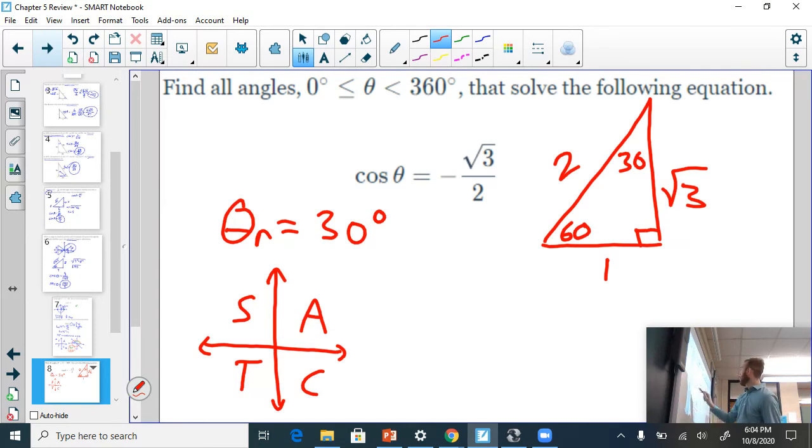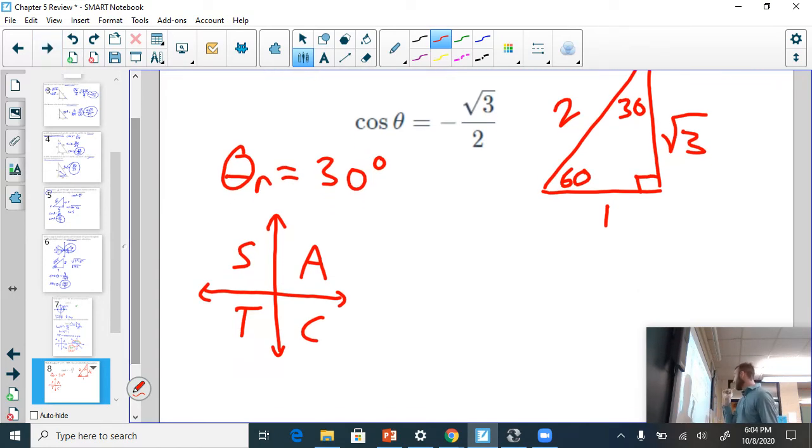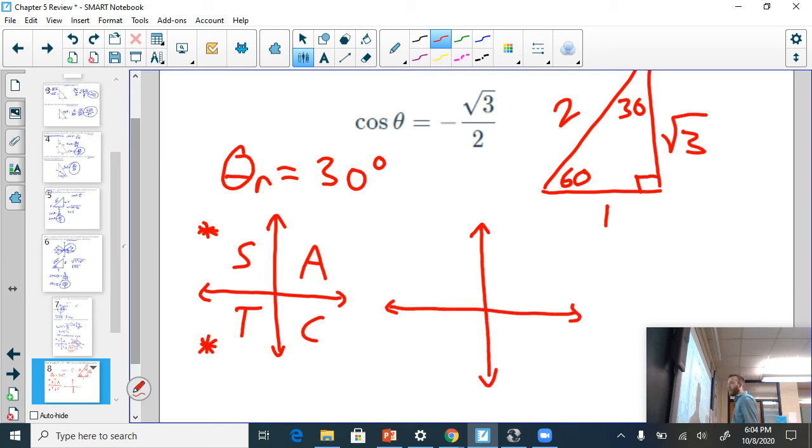And notice it's negative again, so we have to find where it's negative. Cosine is negative in these two quadrants. And so when I sketch my reference angles, I know that they need to both be 30 degrees. Both of these are 30 degrees.